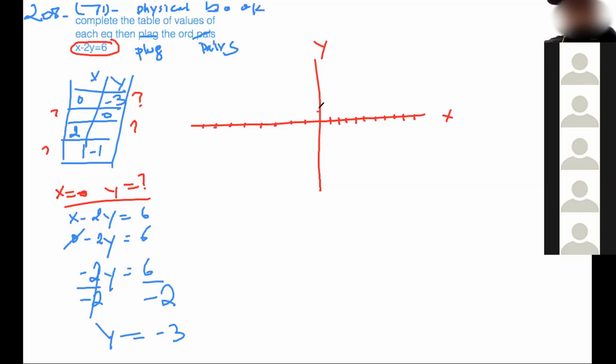Same thing with the y, we have positives up, 1, 2, and some negatives down here, -1, -2, -3, and so on. So this one is a pair. A pair has x and y.